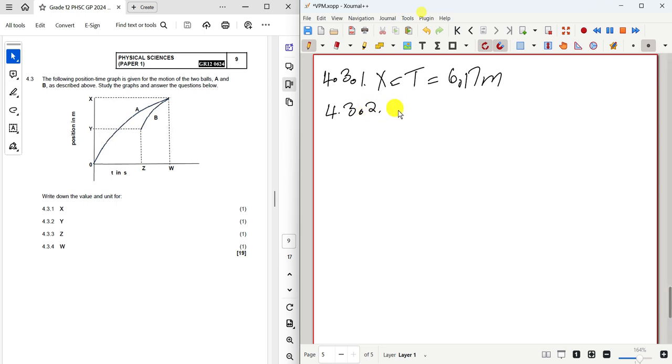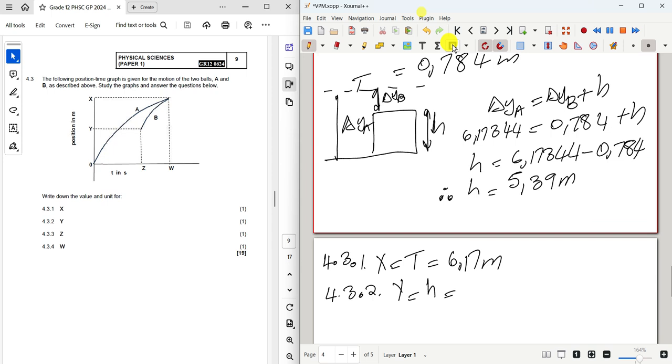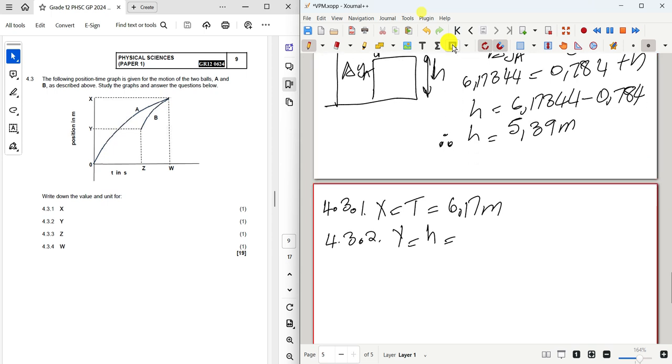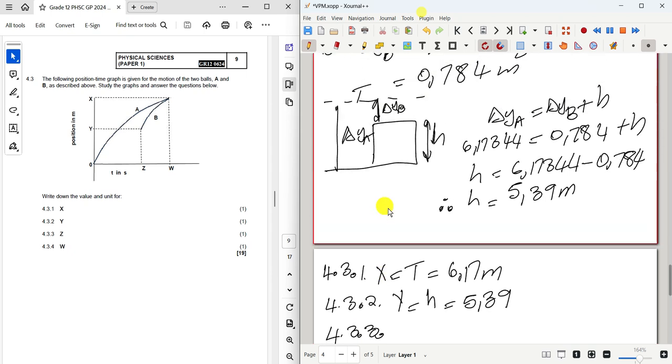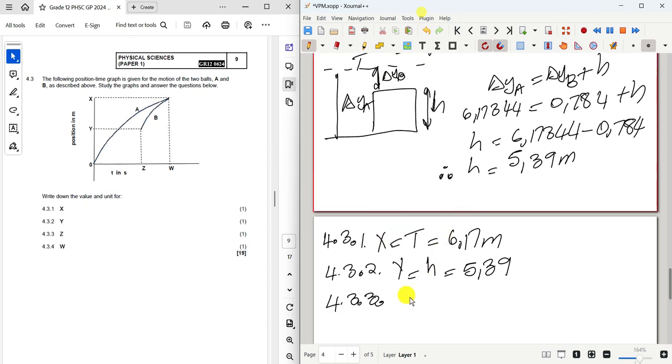4.3.2, Y. What is Y? Y is H, the height of the building. We just found it, 5.39, if my memory serves me well. Here it is, 5.39. 4.3.3, they say we must look for Z. Where is Z?